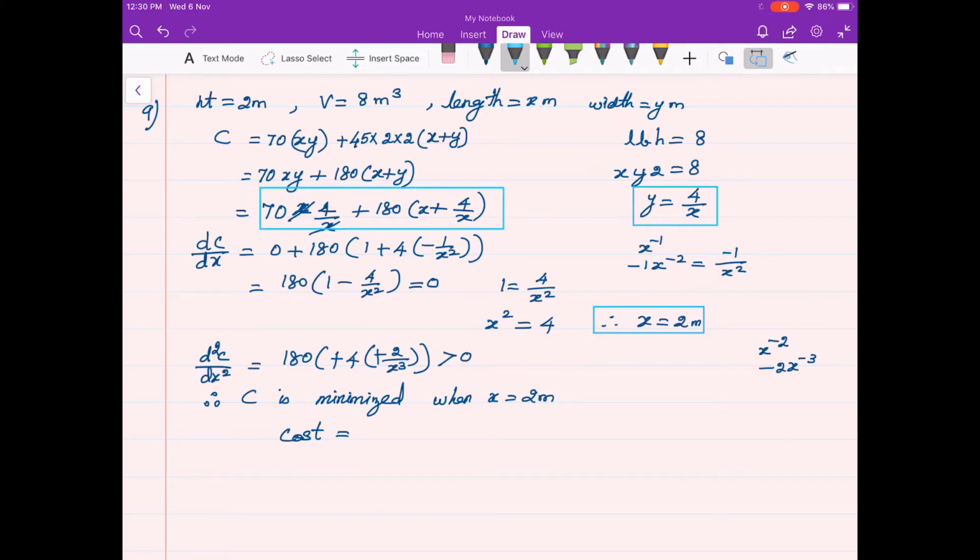We need not find y, we have only x in this equation, let us use that. 70 times 4 is 280 plus 180 times x is 2 and 4 divided by 2 is 2. 280 plus 180 times 4. 280 plus 720. Therefore, the total cost is rupees 1000.